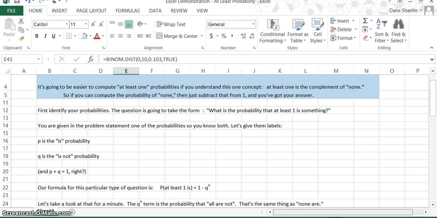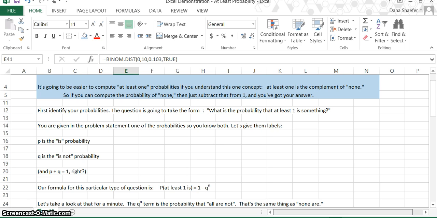So in general, you're going to be given a problem statement and you're going to be able to know both of the probabilities and give them their labels. So P is the probability, that's the probability of success. And Q is the is not probability, that's the probability of failure. And when you add them together, the P plus Q, you should get 1.